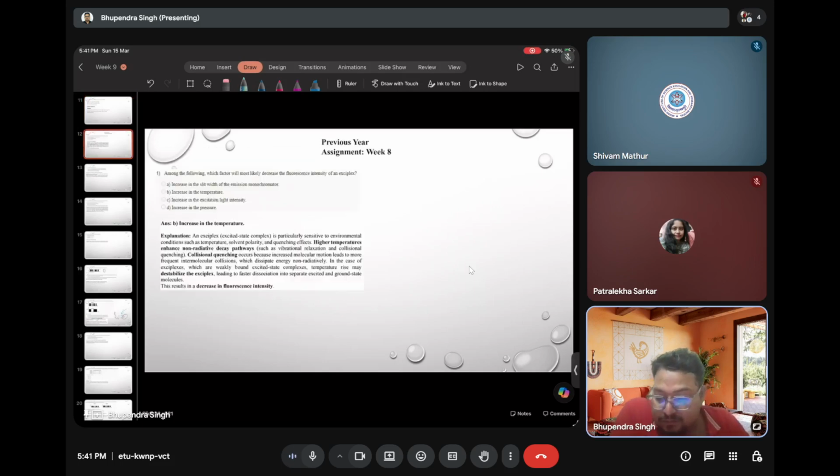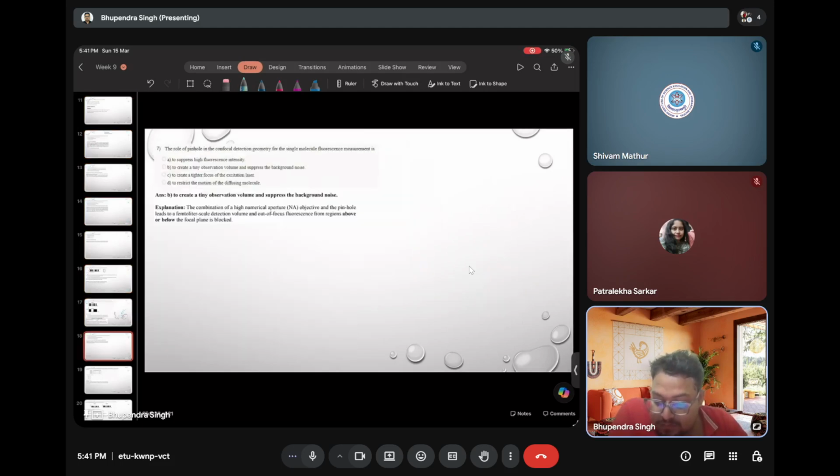Reject out of focus fluorescence. Option C is to create a tighter focus of the excitation laser to restrict the motion of the diffusing molecule. No. So option B is correct.